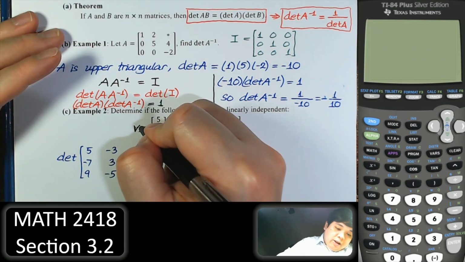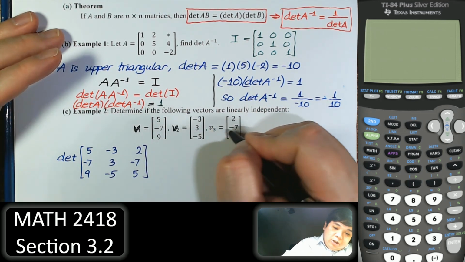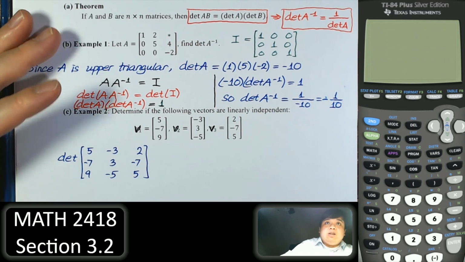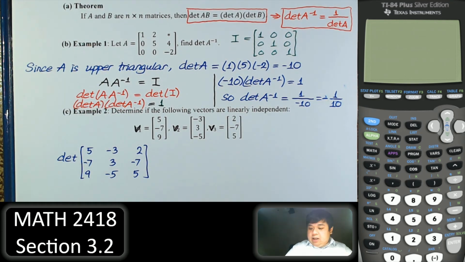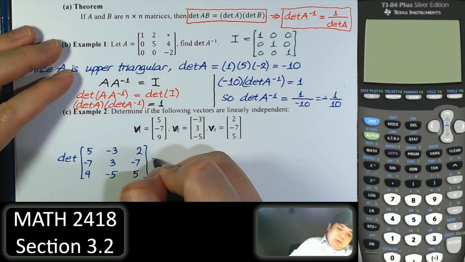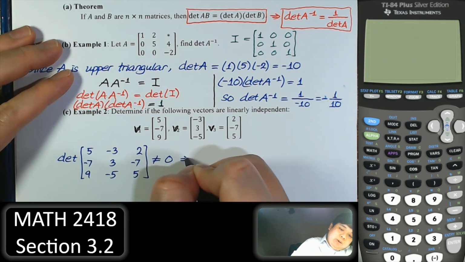Notice that these are vectors. So v1, v2, and v3 are vectors. Right, now if this determinant is not equal to 0, therefore it is invertible.